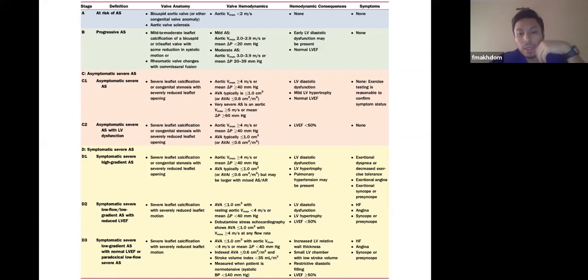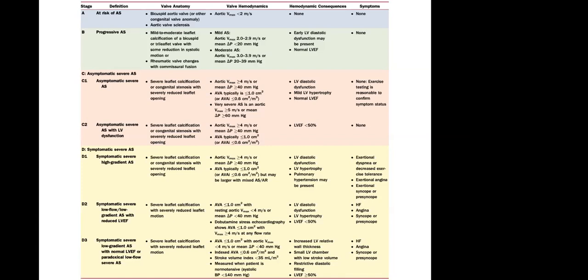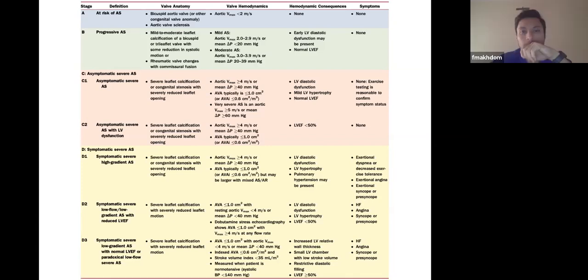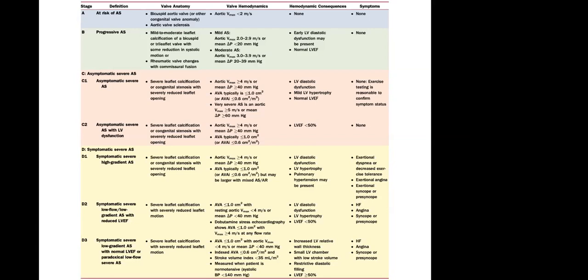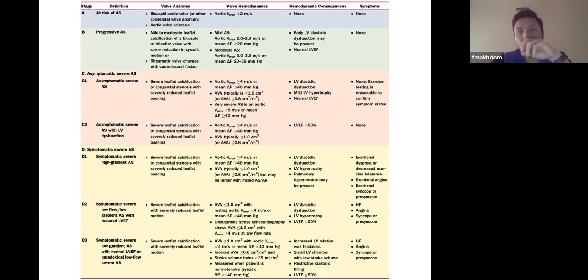Okay, so that's good. When you do dobutamine stress echo, you said there should be an increase in ejection fraction. No, not in ejection fraction, in stroke volume actually. Yes, stroke volume. What is the number? 20 more ml, or 20%. What is the normal stroke volume for a person?